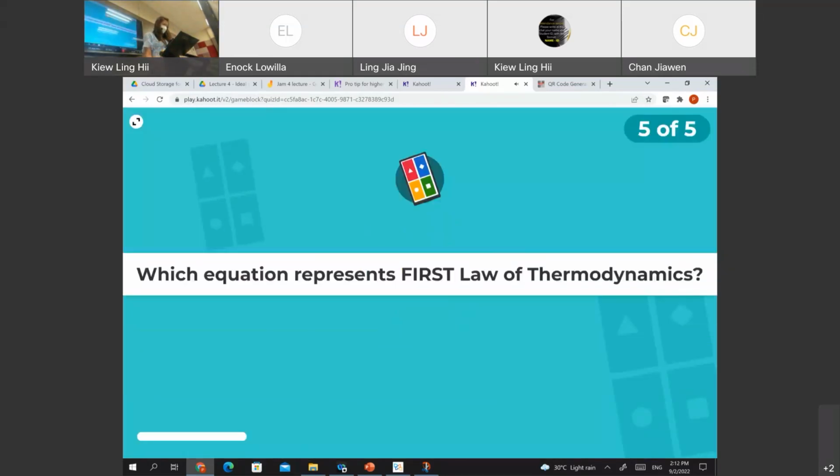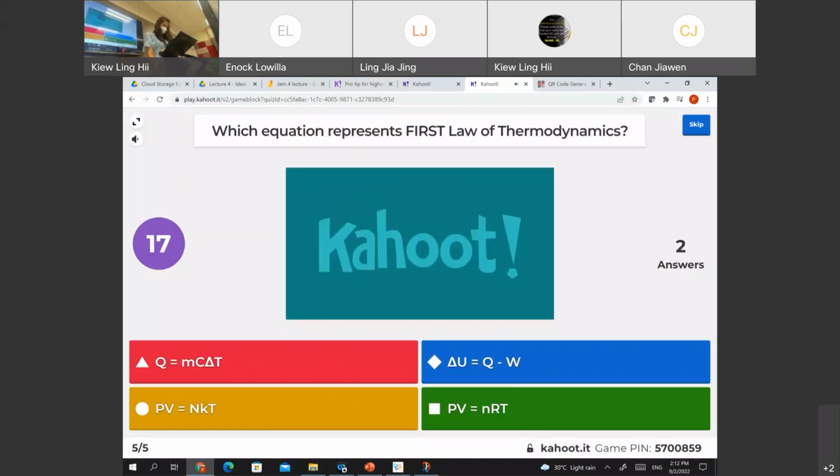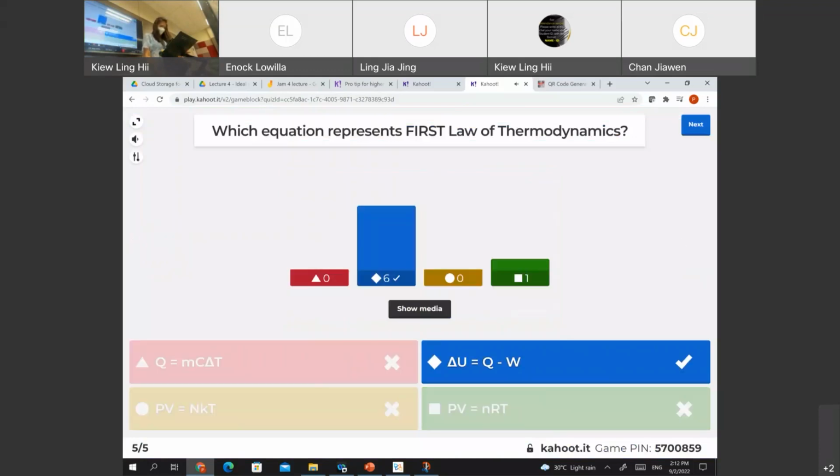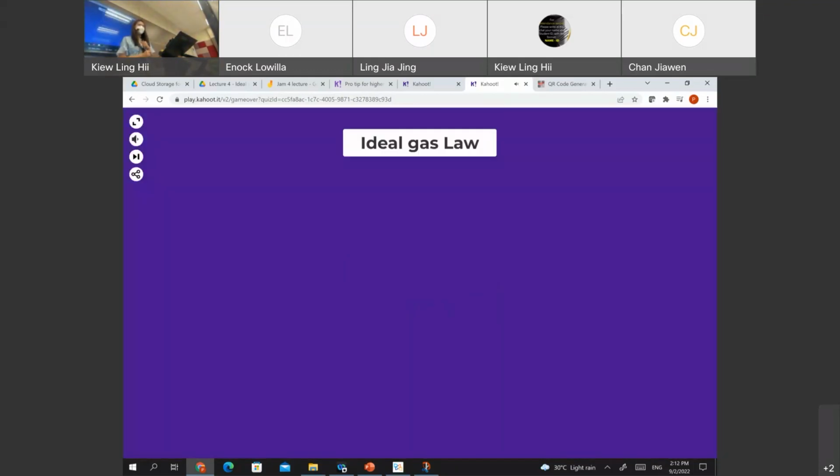So which equation represents the first law? The first law is delta U equals Q minus W. PV equals nRT is the ideal gas law.